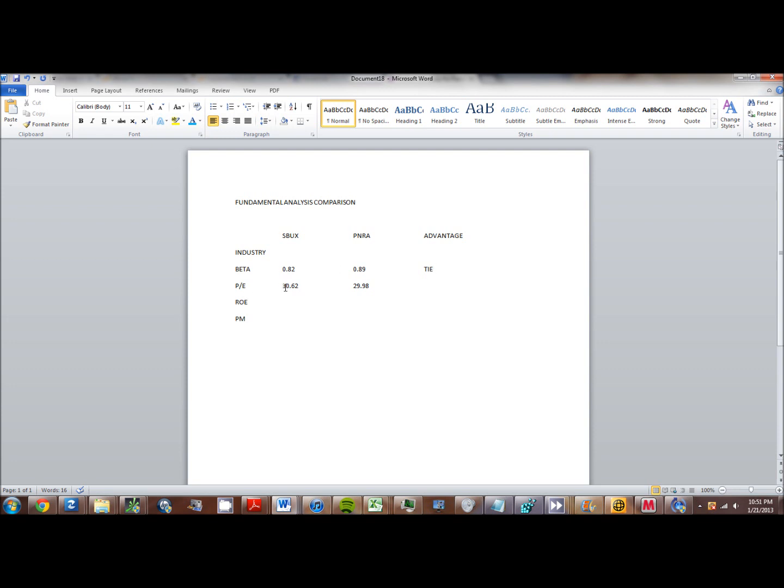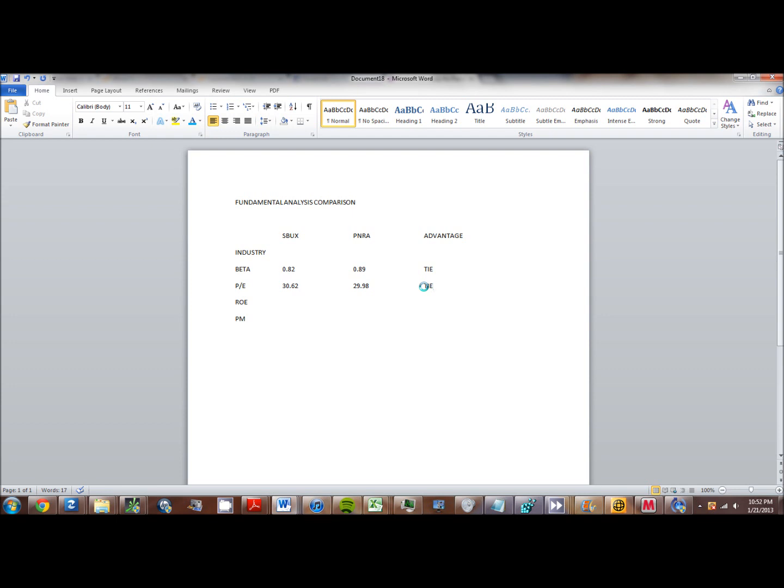Now, what about the PE? What do you see? You see the numbers are almost identical, right? So obviously, we can go ahead and write tie in there. But what does PE measure? This is critical that you remember from 311, so that you're able to keep up with us when we talk about this again in 512. PE, remember, the P is the price per share, and the E is the earnings per share, right? So the PE ratio basically measures how much you have to pay for every dollar in earnings you want back from that company.